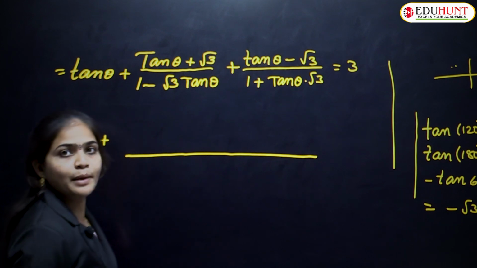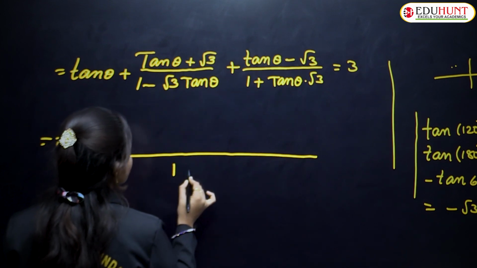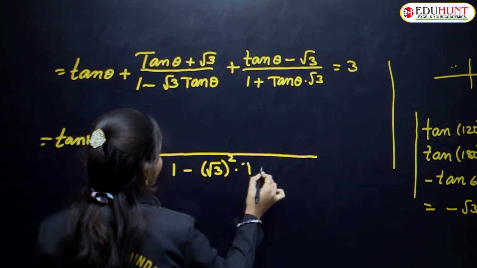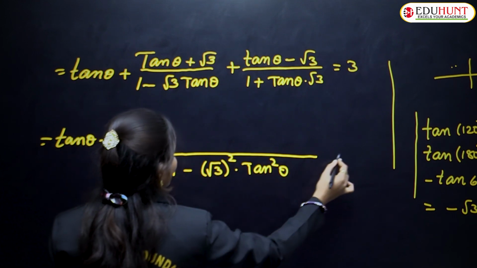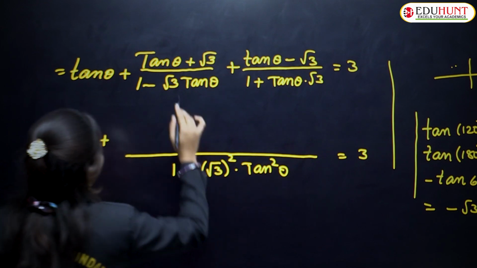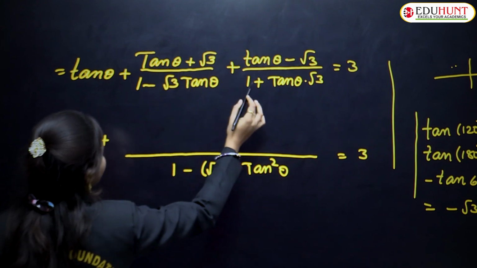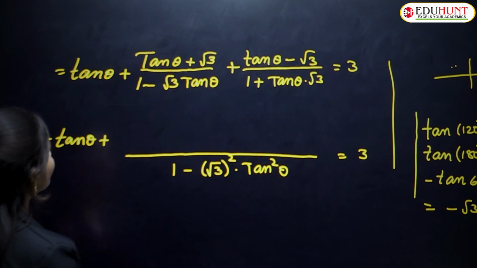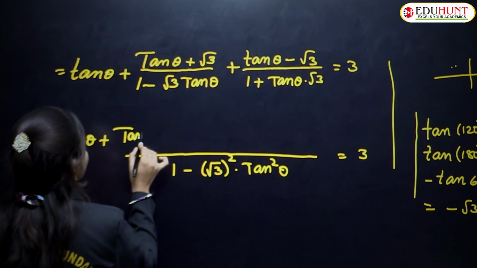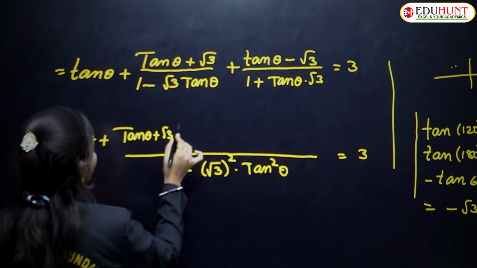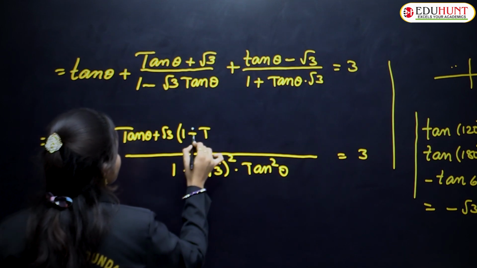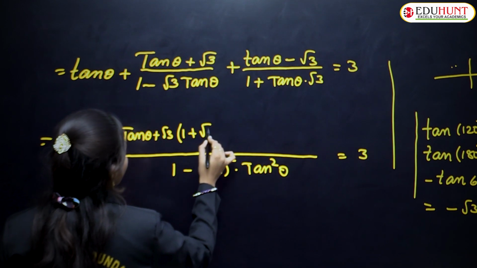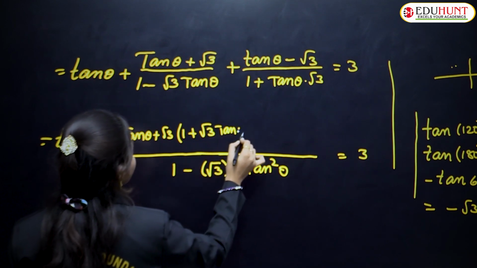So here a plus b into a minus b equals a square minus b square, so 1 minus root 3 whole square into tan square theta, which equals 3. And here tan theta plus root 3 plus tan theta into root 3. So we just have to take the cross multiplication: tan theta plus root 3 into 1 plus root 3 tan theta.